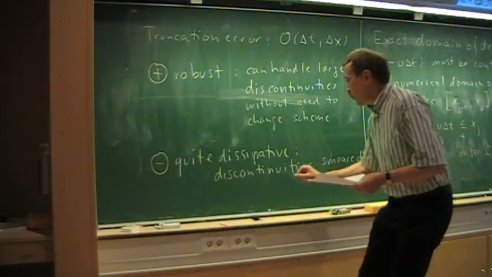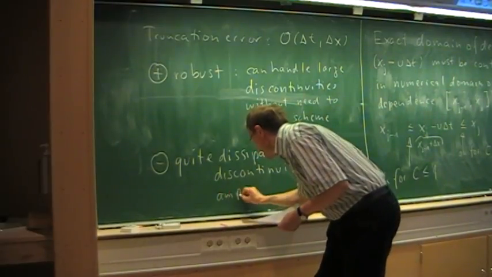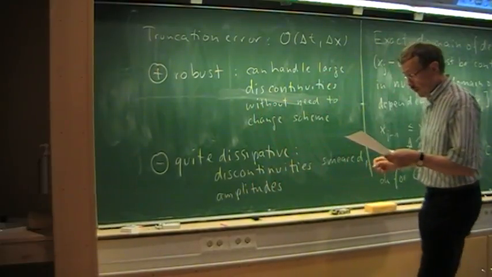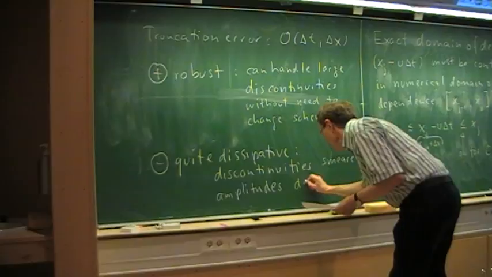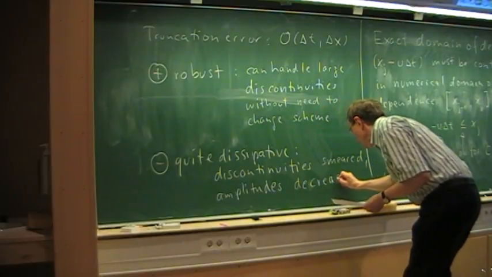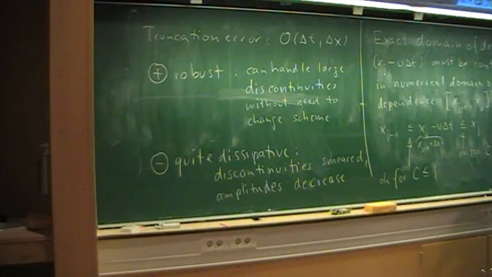And if we have waves, then the amplitudes finally die out, so they decrease, even though they should stay constant. It is as if you have added viscosity to it. And it is, as we shall see, also what we in fact do by this method.